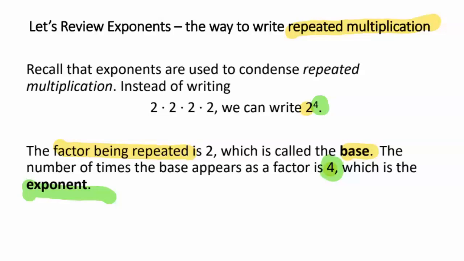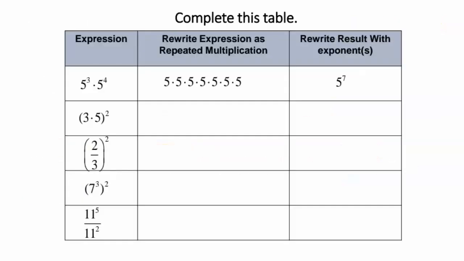Now, we have a table next, and some of you may have this for homework. It asks you to rewrite the expression in column 1 as repeated multiplication, and then write the final result, which is our third column, as an exponent.